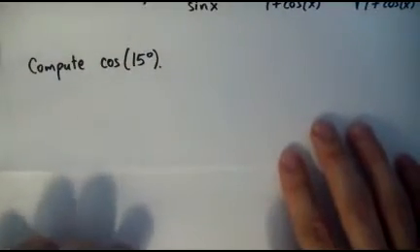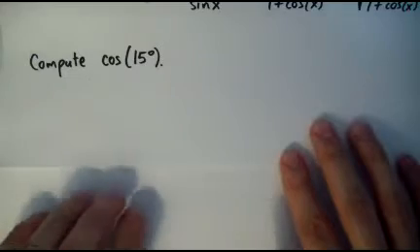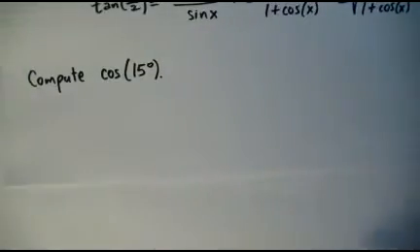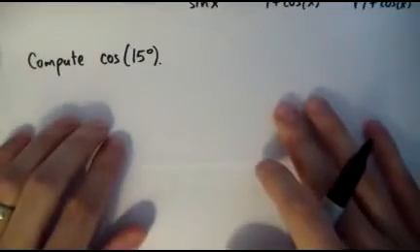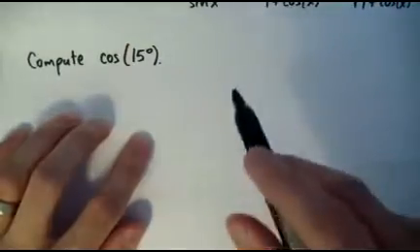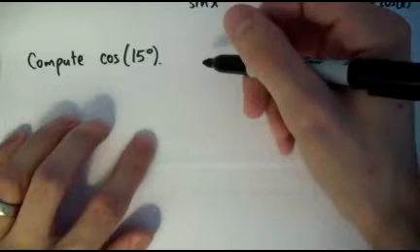So let's compute cosine of 15 degrees. Well, remember that 15 degrees is in the first quadrant, so we know we're going to use the positive sign. We know we're going to have a positive value for cosine.